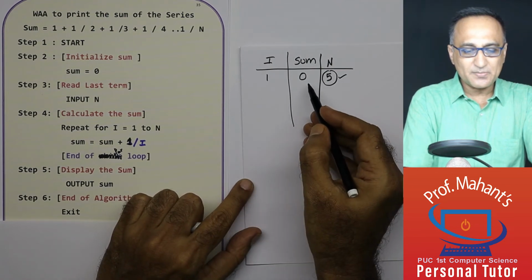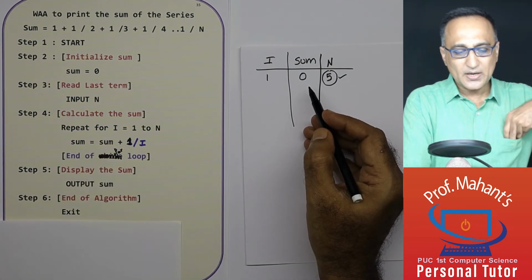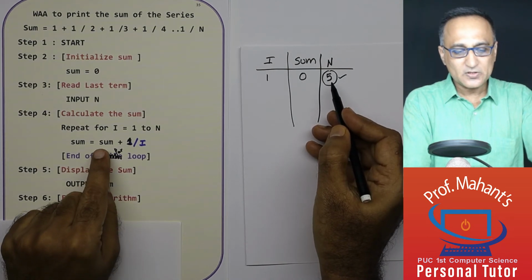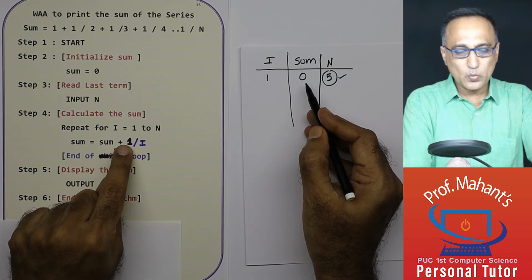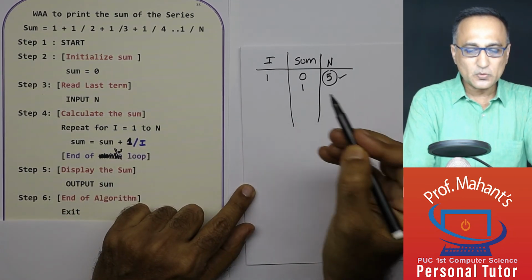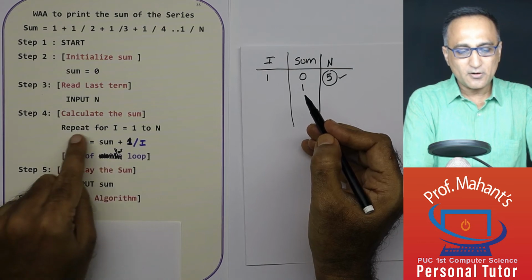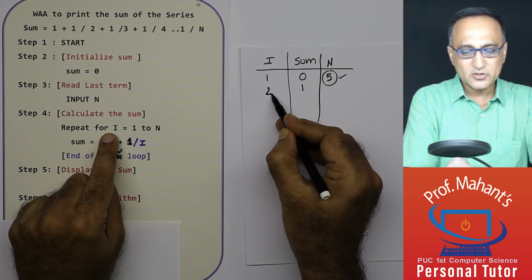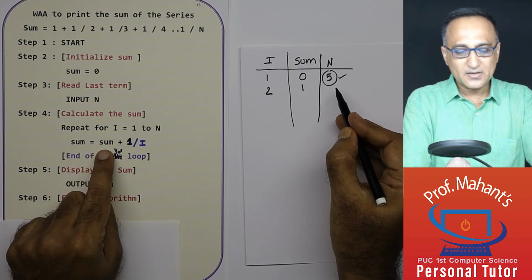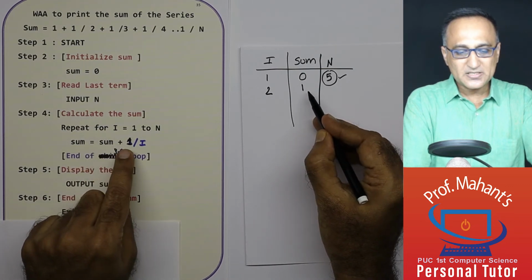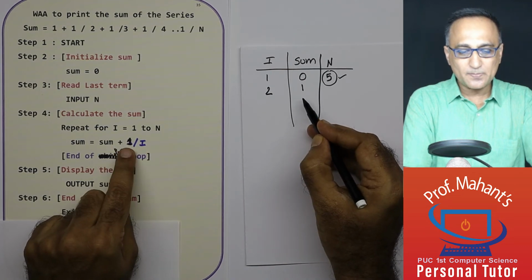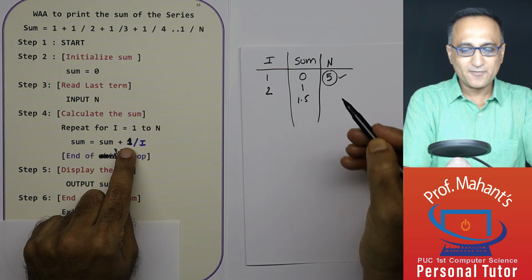I is 1, sum is 0. 1 is still not greater than 5, so sum is 0 plus 1 upon I. 1 upon 1 is 1, so sum becomes 1. At the end of the for loop, I becomes 2. 2 has not crossed 5, so sum is 1 plus 1 upon 2, which is 0.5, so this becomes 1.5.